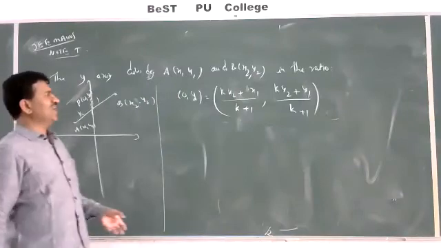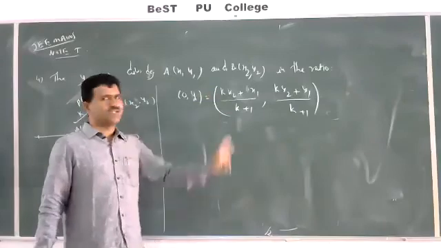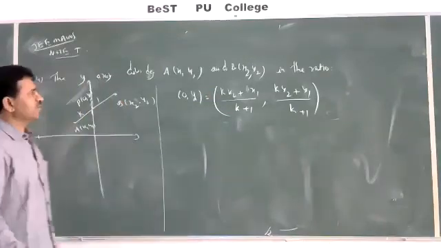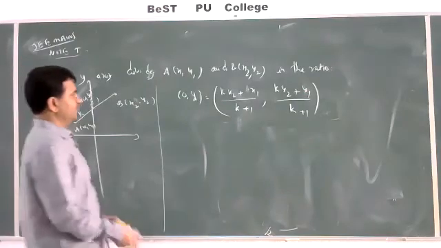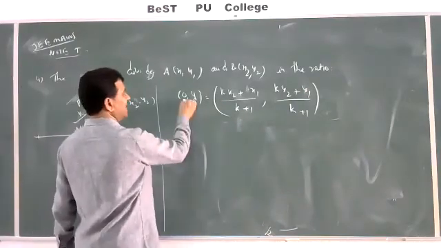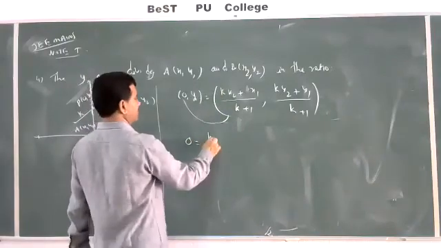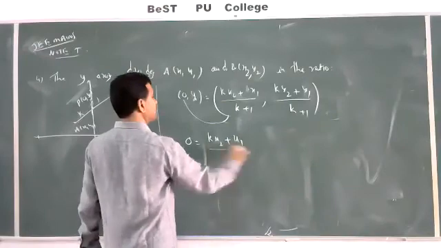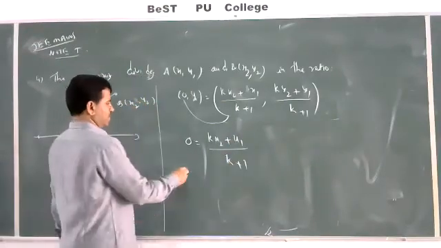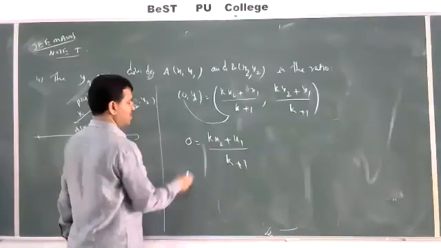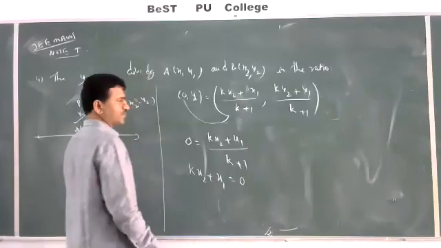To find the k value, the easiest is the x coordinate, which is 0. Equating the x coordinates in this case, our target is the k value, because k gives us the ratio. So by equating the x coordinates on both sides, 0 is equal to (k x2 + x1) by (k + 1). So k x2 + x1 is equal to 0.